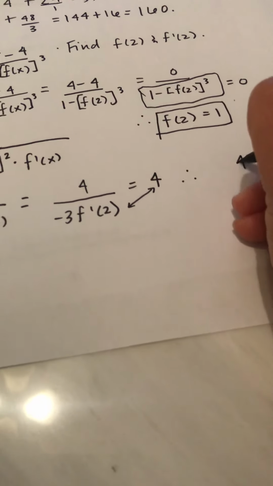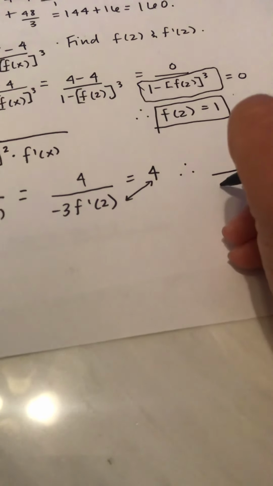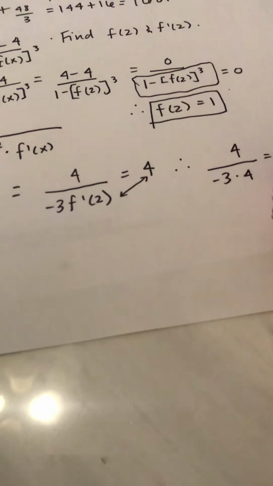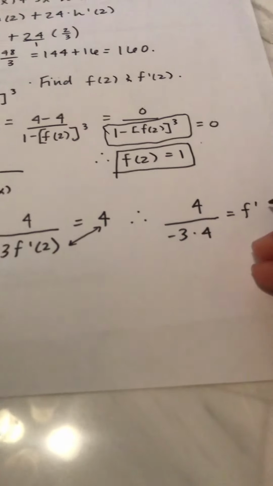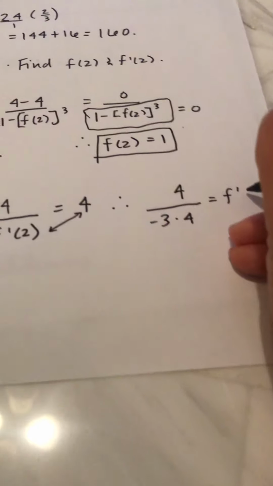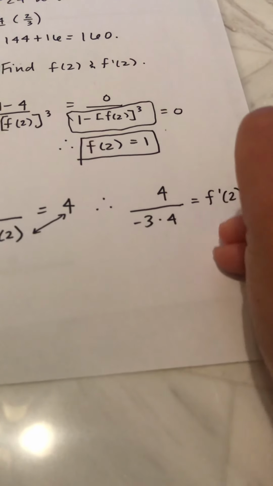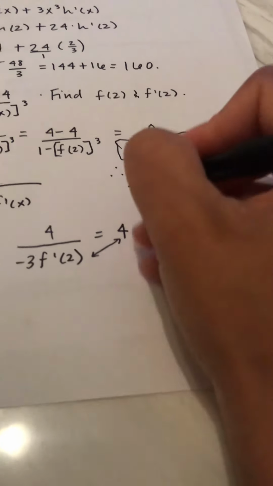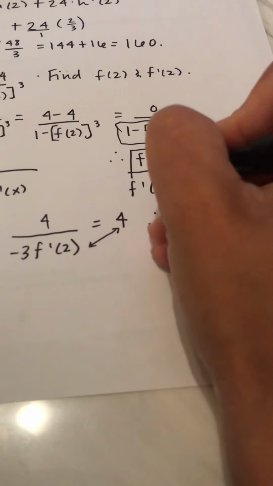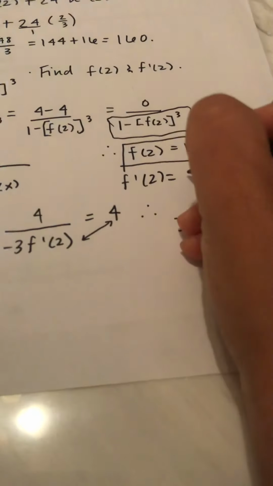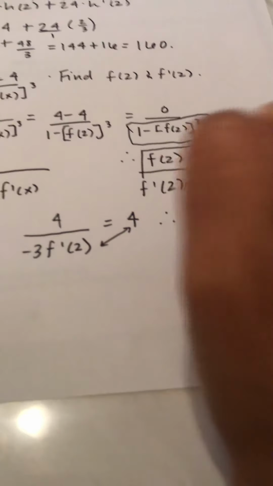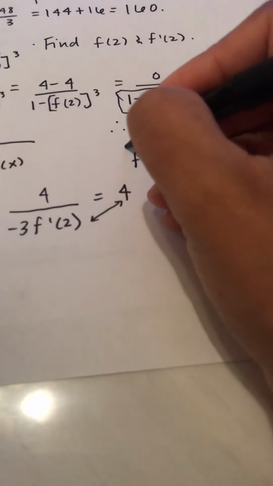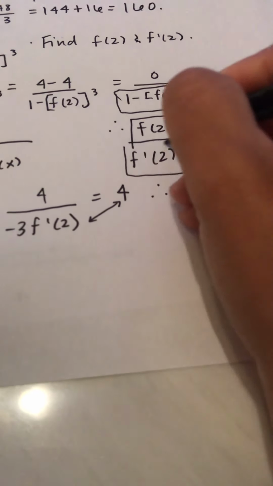Therefore I have 4 over negative 3, and I switch the 4 with the f prime. You can do cross multiplication as well, that's the long way. I just like this trick. So these cancel as they should, and f prime of 2 is equal to negative 1/3, because there's an invisible 1 left on my numerator. So that is part C.